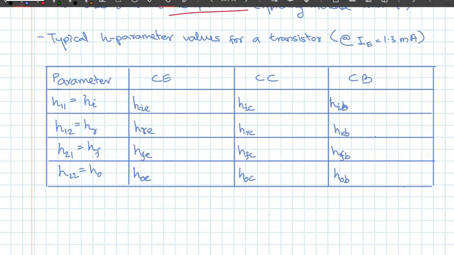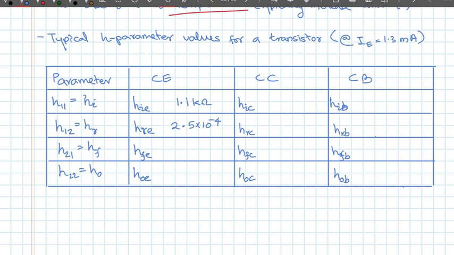So for a common emitter amplifier, the value is about 1.1 kilo ohms, whereas my reverse gain is about 2.5 times 10 to the minus 4, and this is a gain, so there are no units, so very small value. So that is why, though VCE changes, the effect of it is very small.